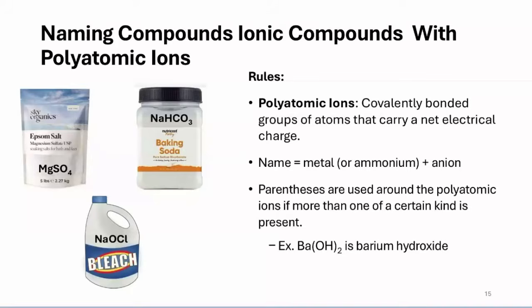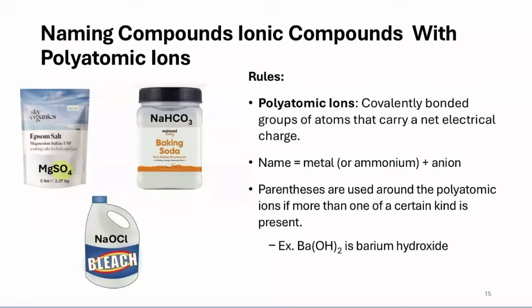For example, when it comes to Epsom salts, the chemical formula for the compound that is present is MgSO4. And I'm going to highlight the polyatomic ion, which is SO4. Next, we have baking soda.